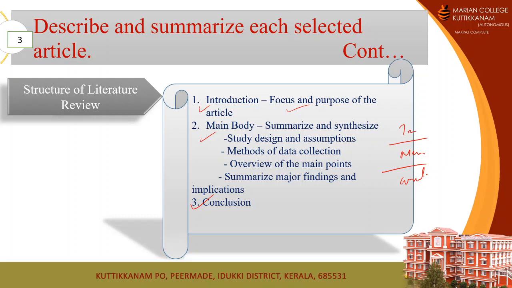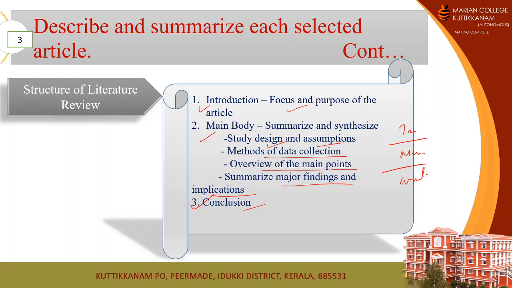Then after that you can specify the study design, that is the research design they have used, the assumptions or the hypothesis in that study, the method of data collection they have adopted, and the overview of the main points. You can summarize the major findings and implications of that study, and finally you can conclude that article in one or two sentences.